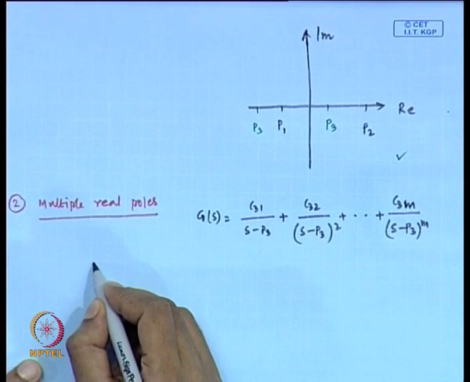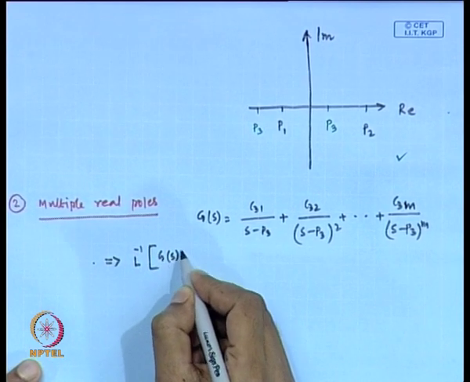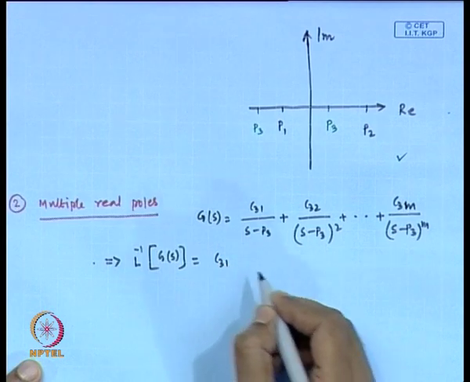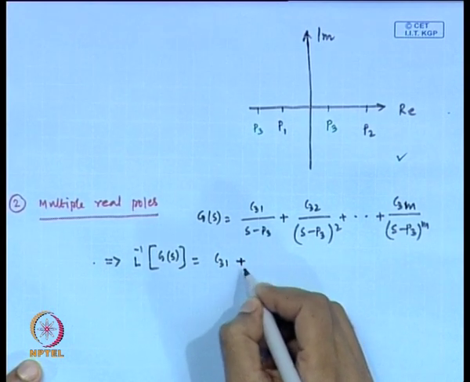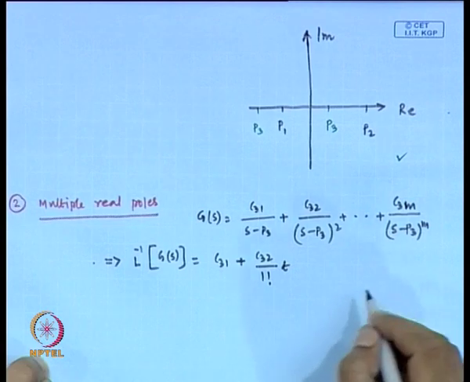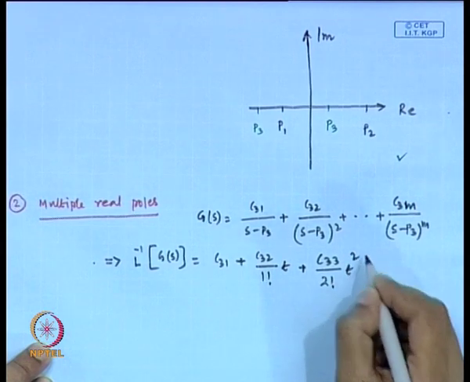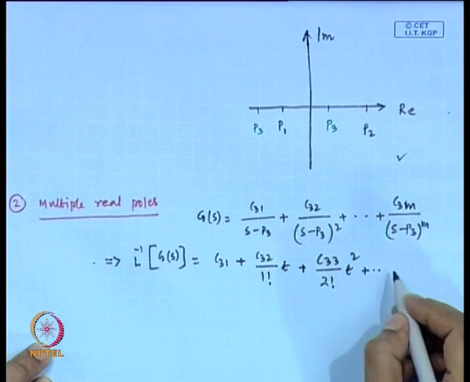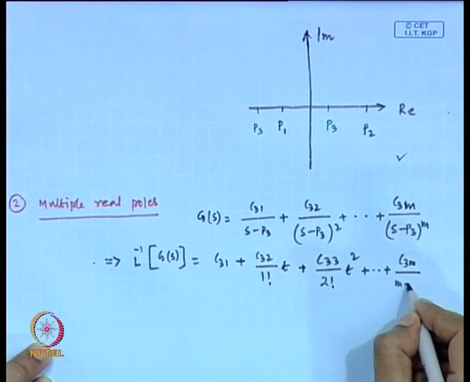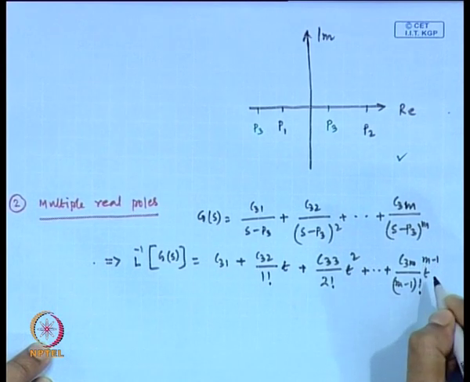In a similar way, we will take the inverse of Laplace transform of G(s). What will we get? C31 plus C32 divided by factorial 1 multiplied by t, plus C33 divided by factorial 2 multiplied by t square, like this way, C3m divided by factorial (m minus 1) multiplied by t to the power (m minus 1).